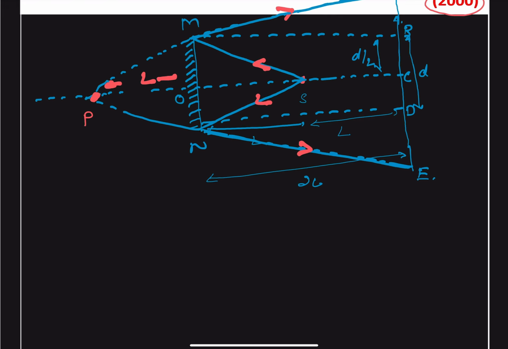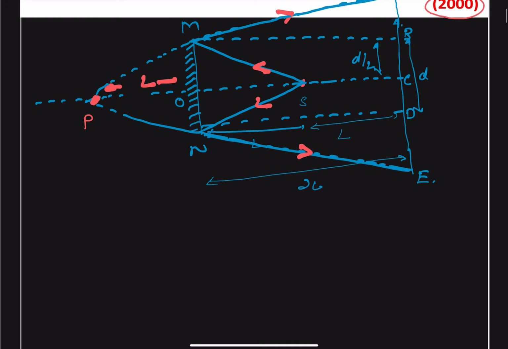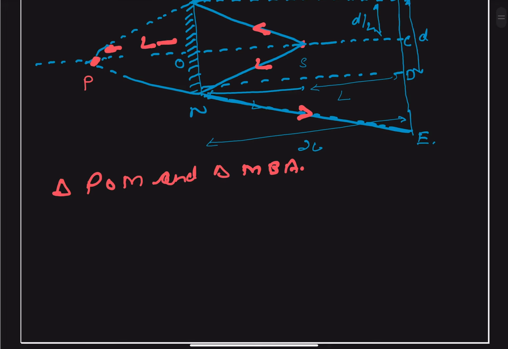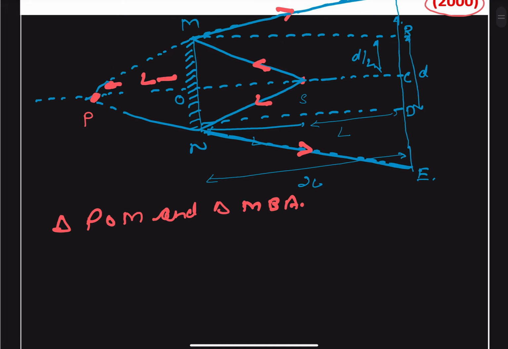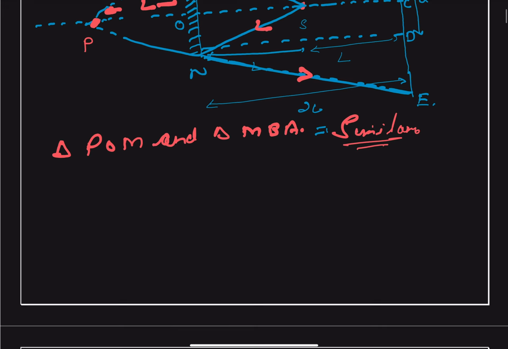So if we consider the triangles POM and triangle MBA, these triangles are similar to each other, and because of similarity their sides can be written in ratio.